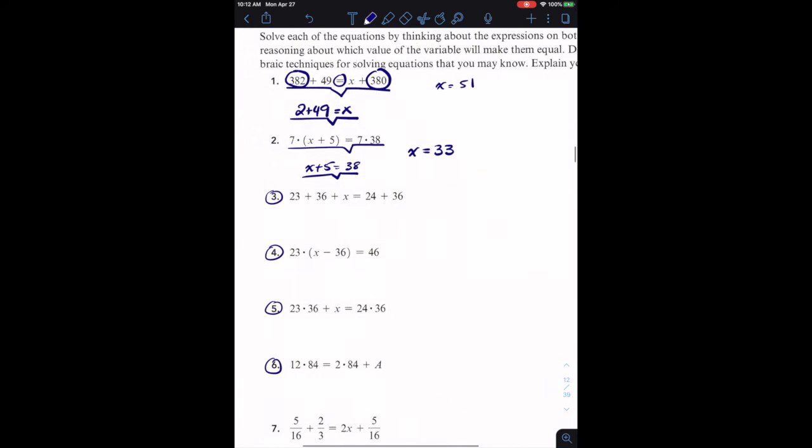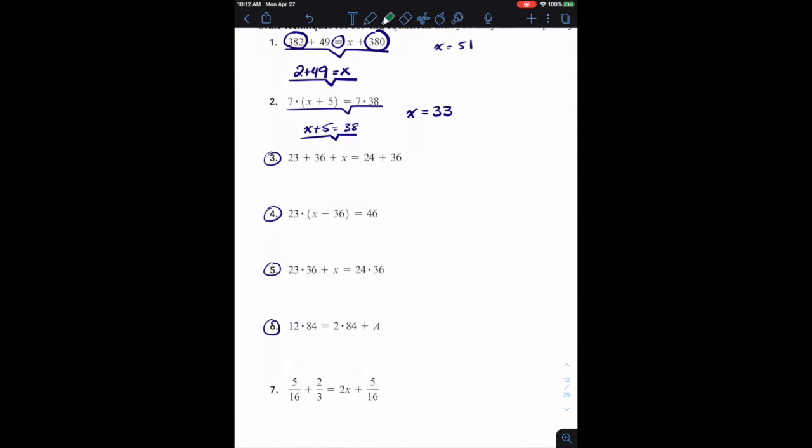So I'm going to leave 23 for you to work on, but 24 we'll do together. So if we have 23 groups of x minus 36 is equal to 46, let me think about this. I wonder what I know about 46. Well, 46 is actually 23 groups of 2, right?